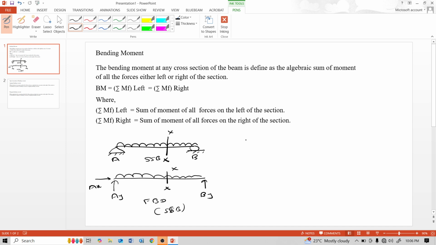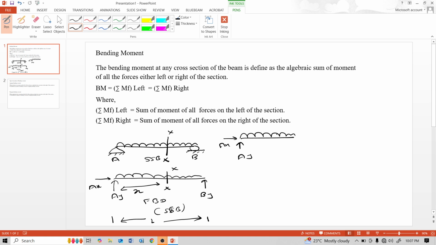Cut this cross section of the beam at a distance x from A, and the total length of this beam is L. Here we cut this beam at a cross section. This is the vertical reaction AY, this is AX, and the uniformly distributed load.